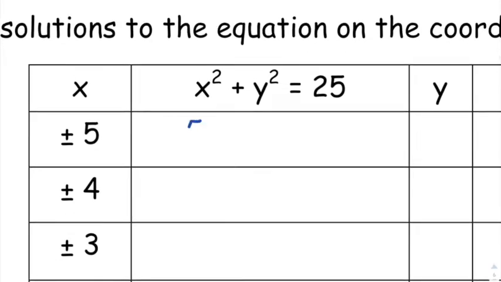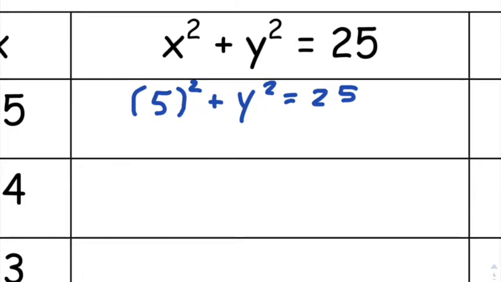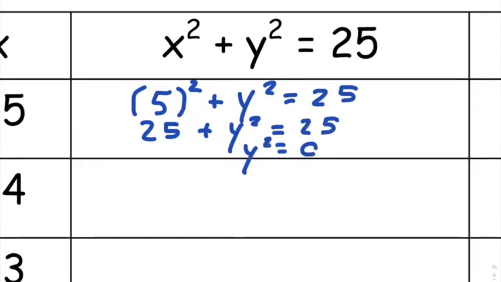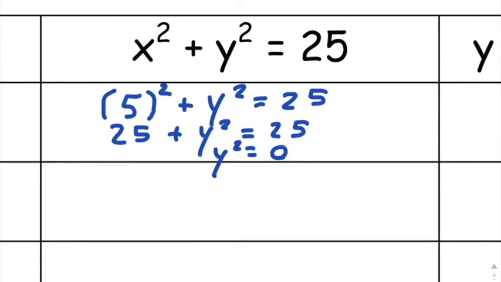What I'm going to do first is plug in the 5. So I'm going to go 5 squared plus y squared equals 25. Now 5 squared is 25, and then you're going to get y squared equals 0 once you subtract from both sides. When you square root 0, it's still 0, so y equals 0.